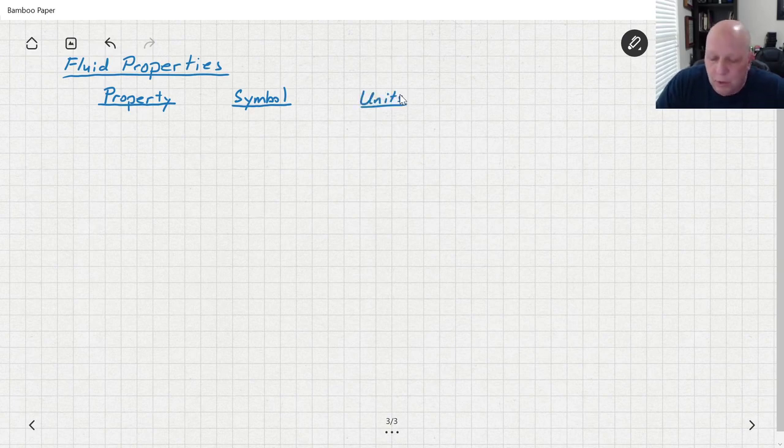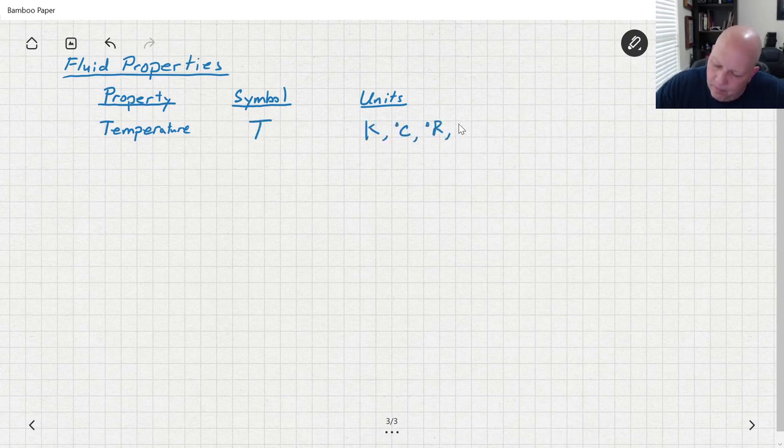First, let's say temperature. So the symbol for temperature is T, and the units are degrees Kelvin, degrees C, Rankine, Fahrenheit. Our next property that we're going to look at a lot in this course is pressure.